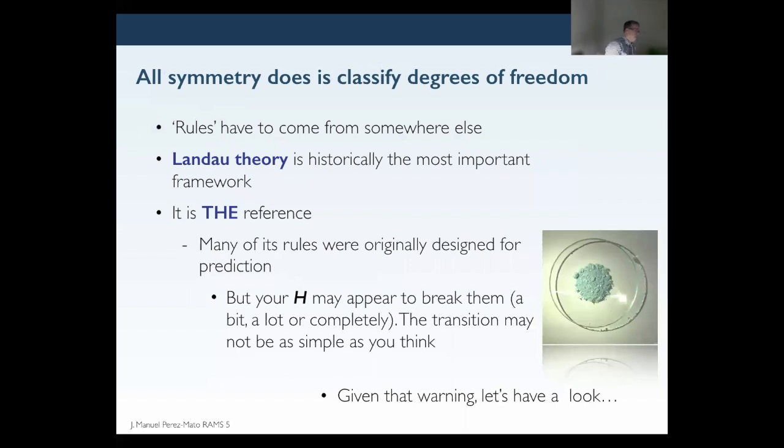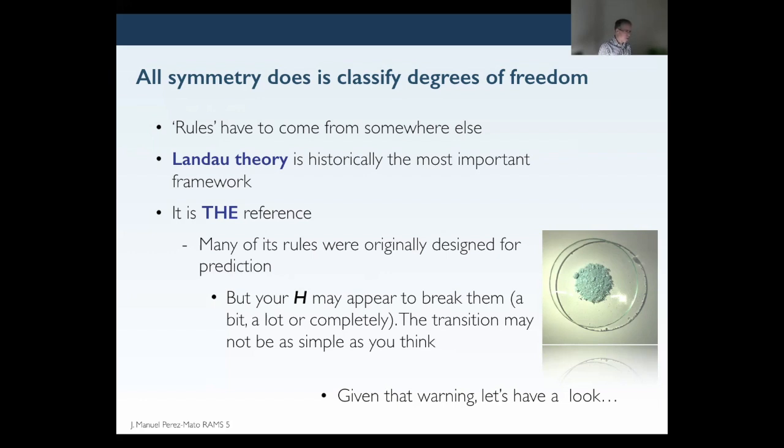So what we're seeing is that all the symmetry does is help us classify degrees of freedom. It doesn't make the rules. The rules have to come from somewhere else. And Landau theory is historically one of the most important frameworks for rules. In fact, it's the reference. But it's useful, or I would say important, to remember that a lot of the early work applying Landau theory to magnetic structures was coming from a position of trying to predict possible magnetic structures.